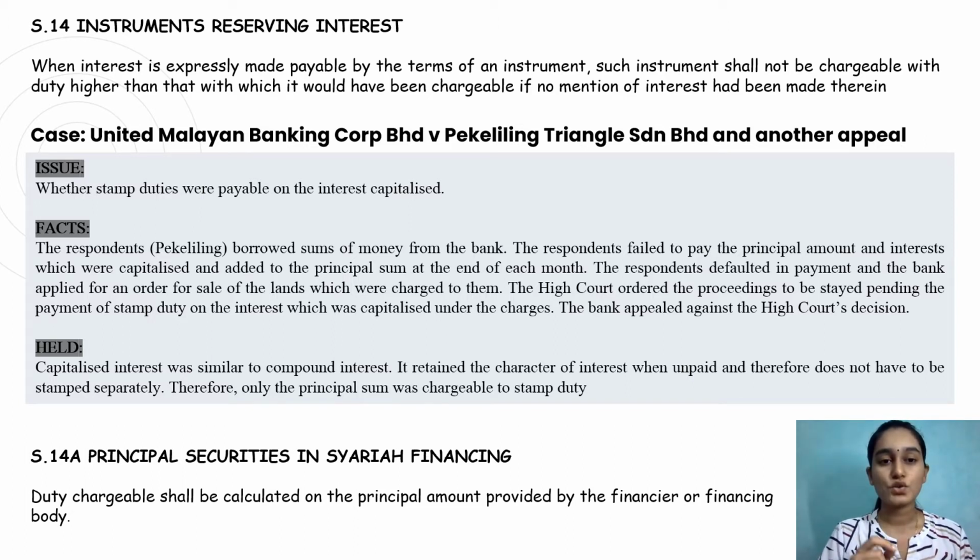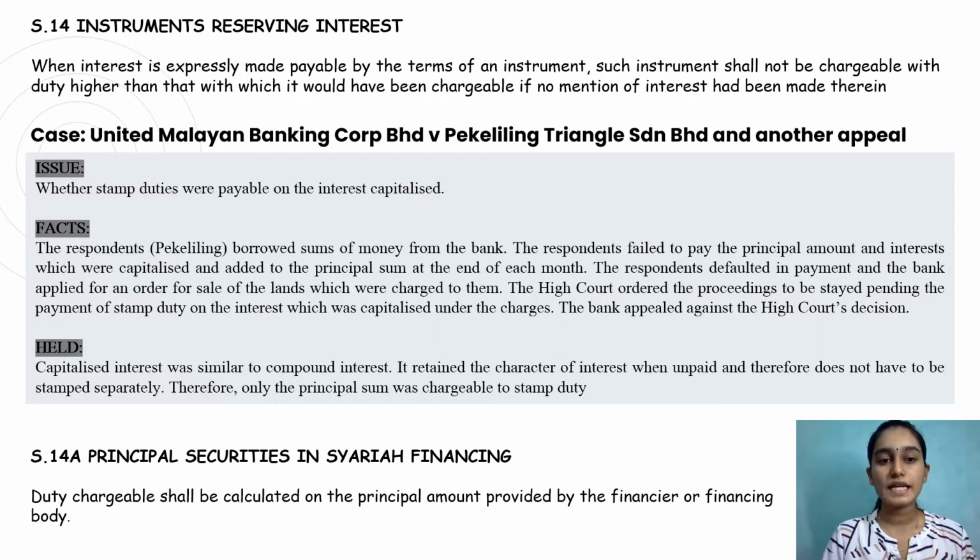In this case, United Malayan Banking versus Pekeliling Trading Sdn Bhd and another appeal, the issue was whether stamp duties were payable on the interest capitalized. Actually, there were two principal issues connected with two sections, which are Section 28 and Section 14.